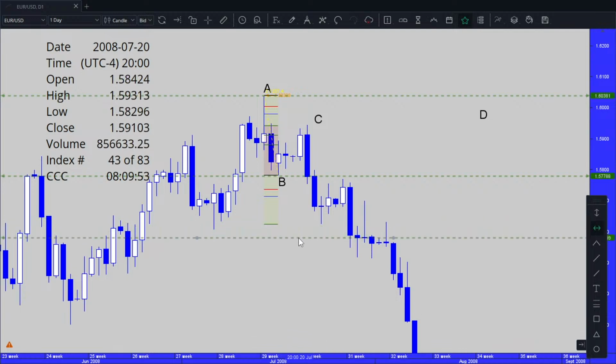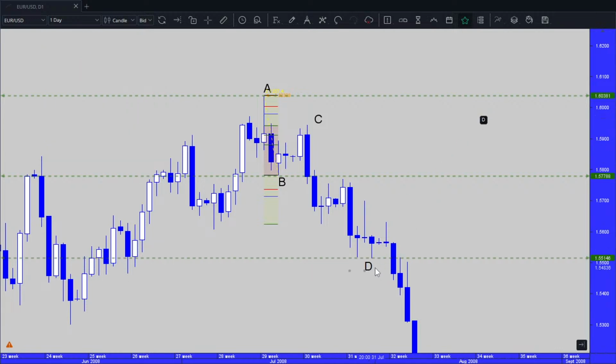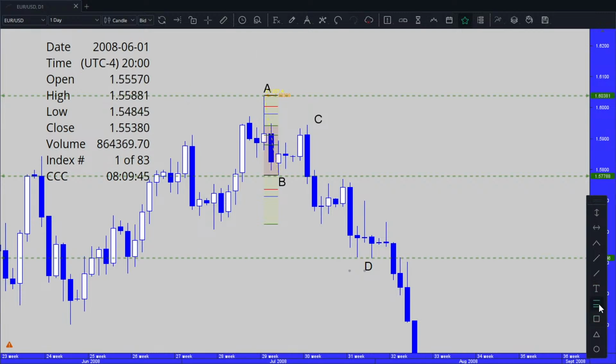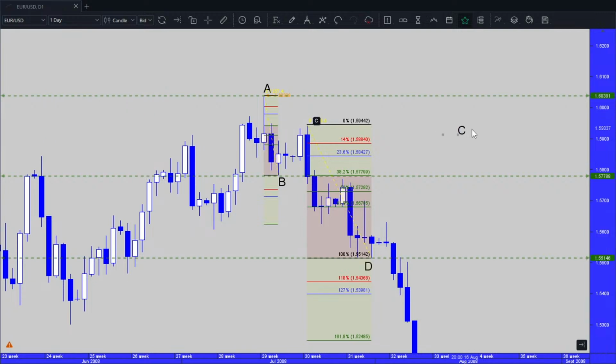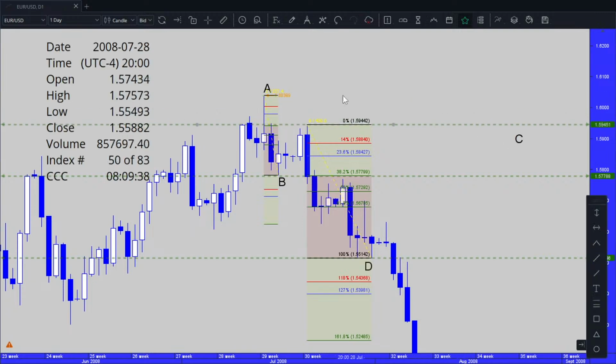So we're looking for a low. Bam, that's a low, this one. That's the D. Alright, everybody? So we're going to connect again. A goes to C, B goes to D.